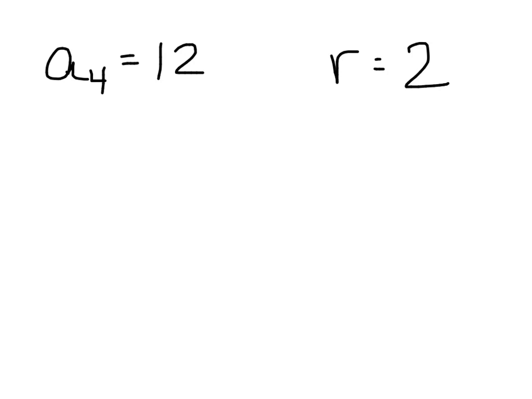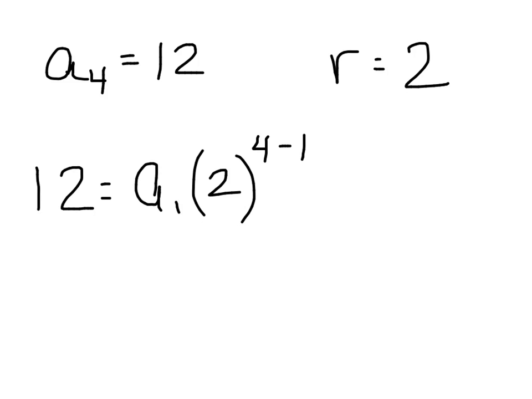So, do you know A1? No, that's what you're going to find. What's your r? 2. What number did you insert? Not the 12. 4. You put in the 4 to get out 12.